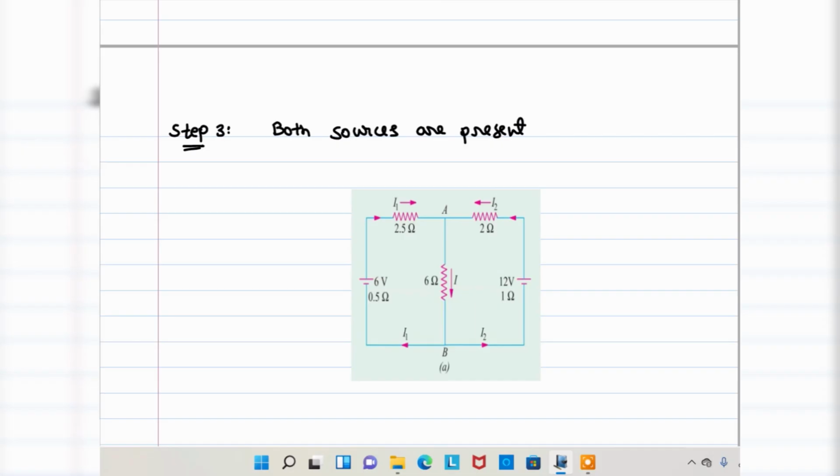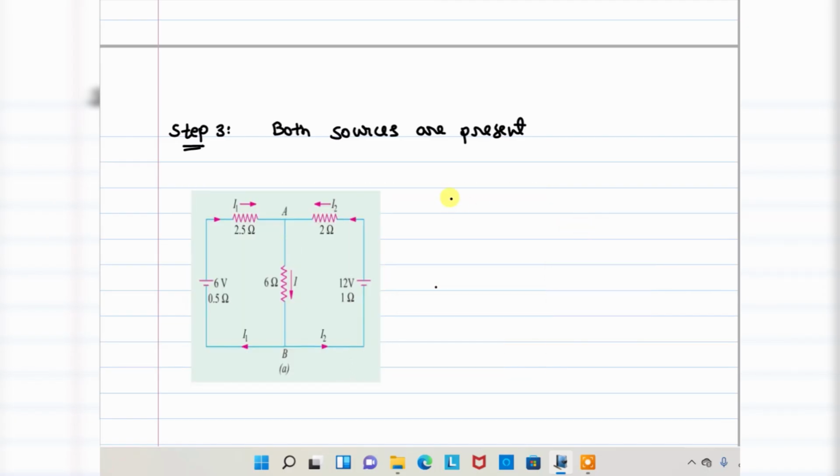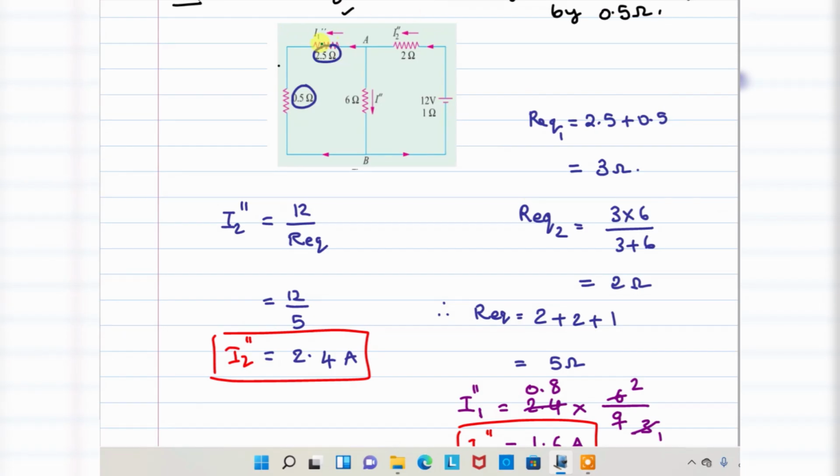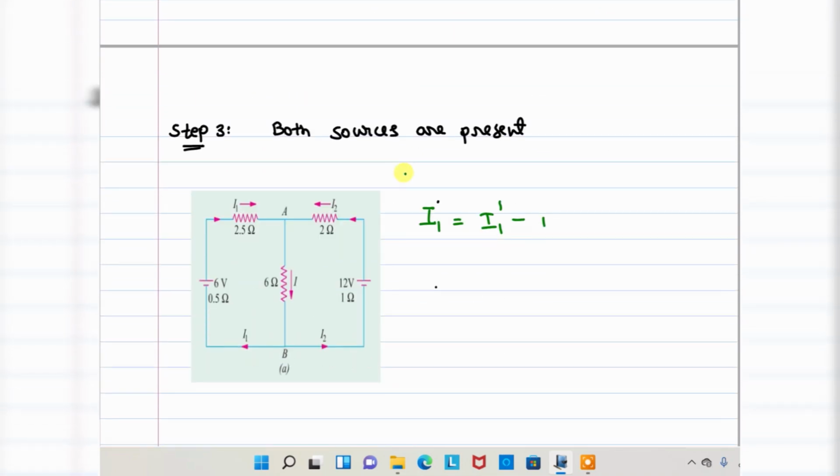What will happen here? The current I1 is equal to the response of the first, I1 prime, minus the second case, which is opposite to that. Just look here. In the second case the current will be opposite. See here, this is the opposite one. That's why minus, subtraction. I1 double prime.